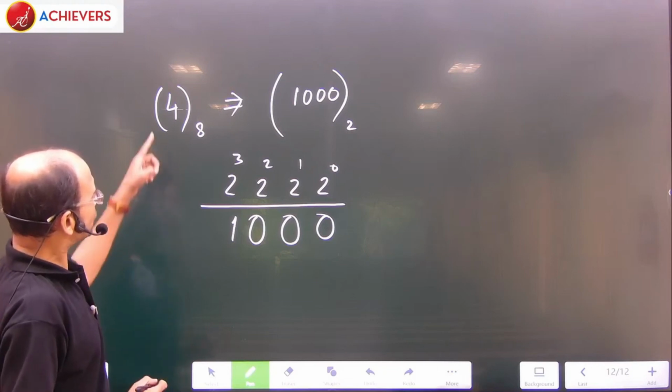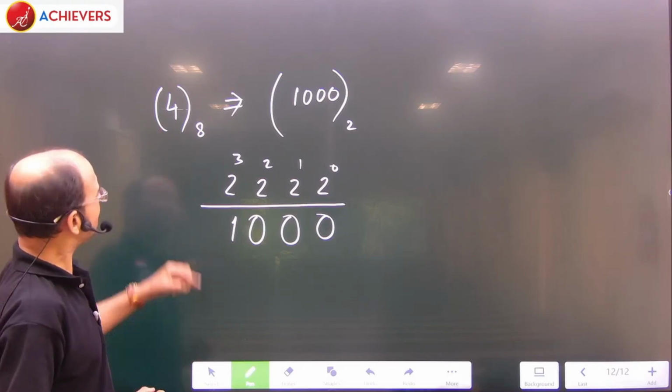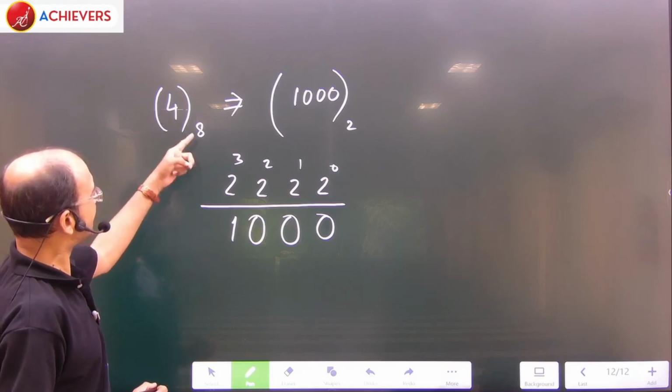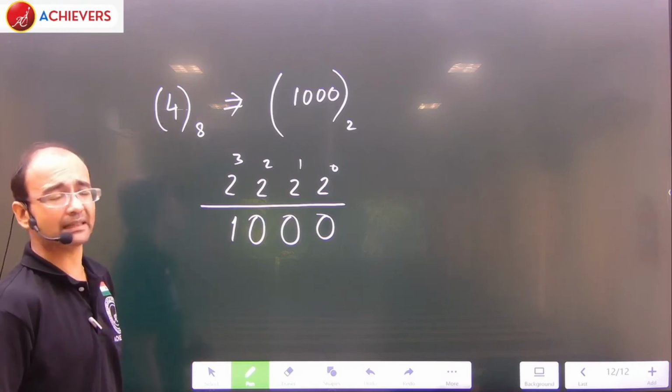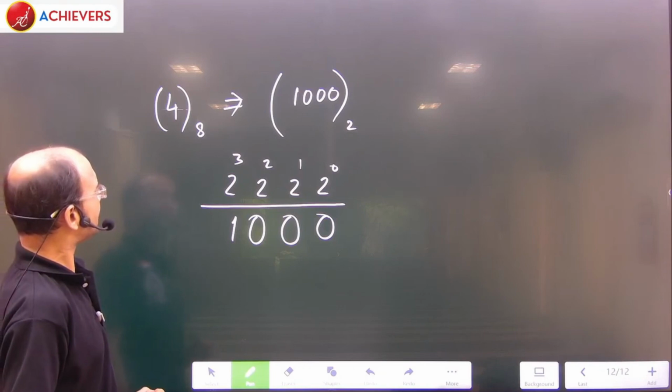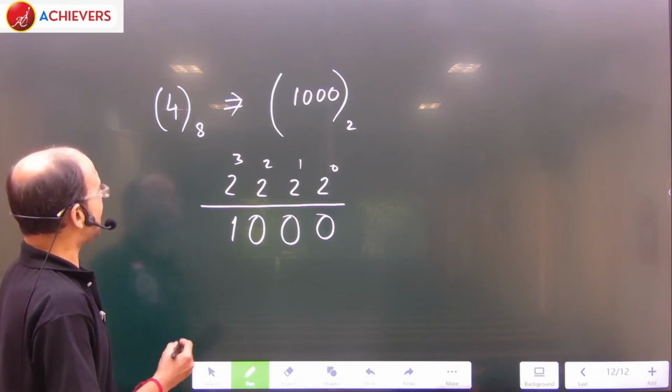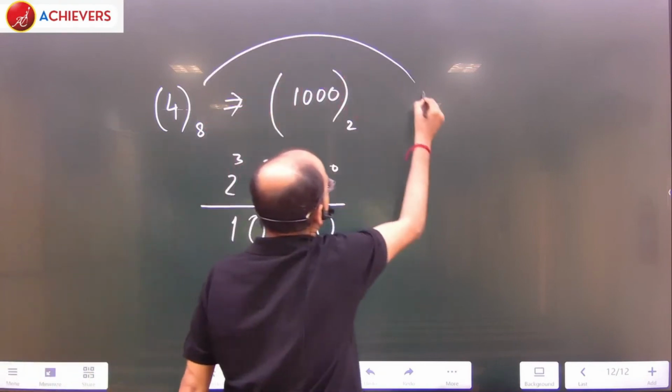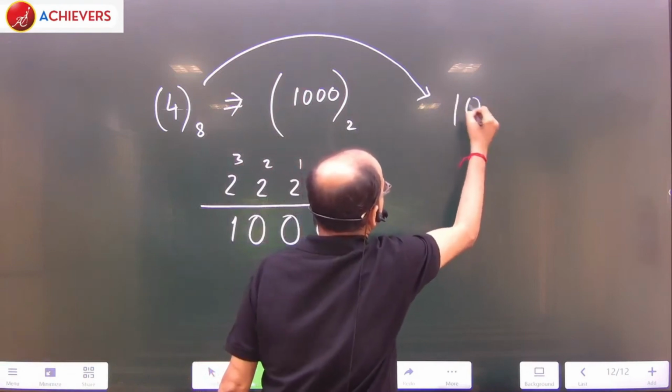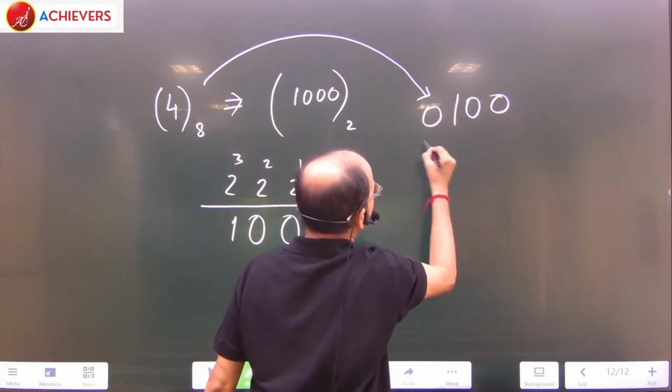So octal 8 is represented in binary as 1000.